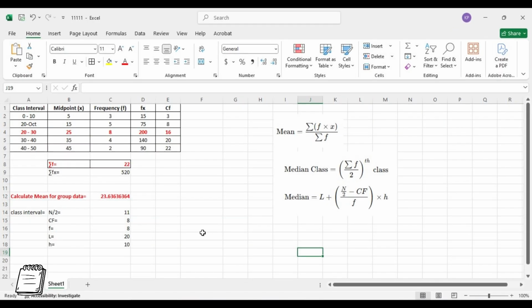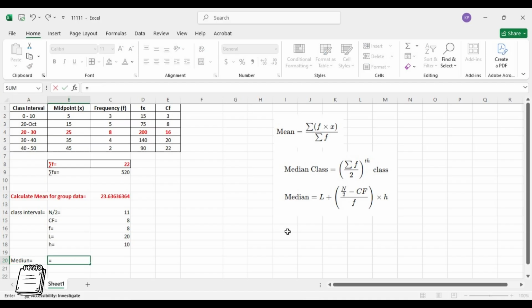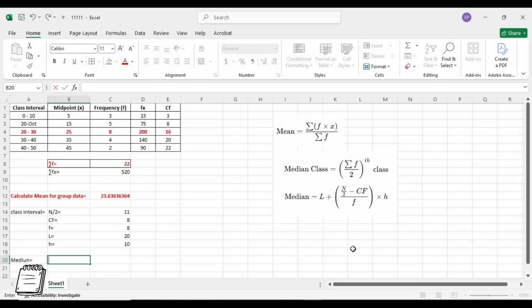Now let's calculate the median from this group data. Median is equal to L, which is 20, plus, into the bracket, 11 minus 8, divided by 8. Let's make two brackets: first the big bracket, then the small bracket.